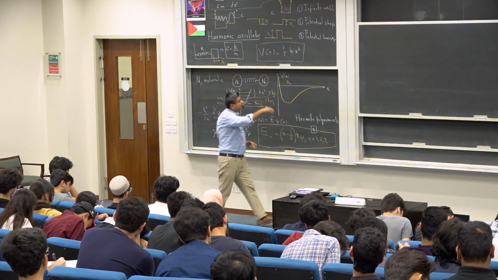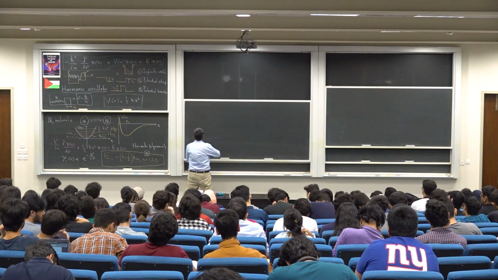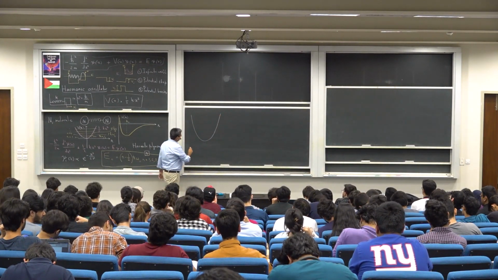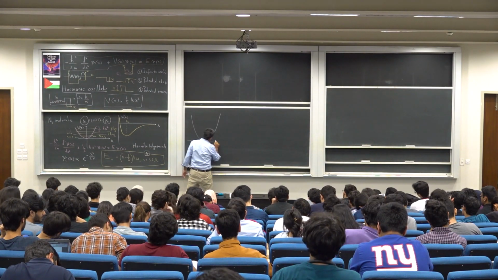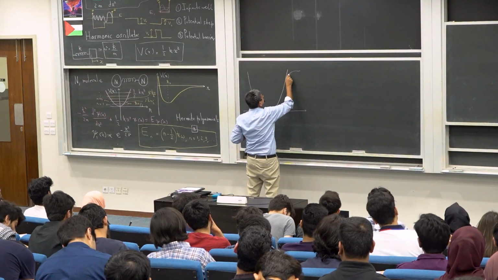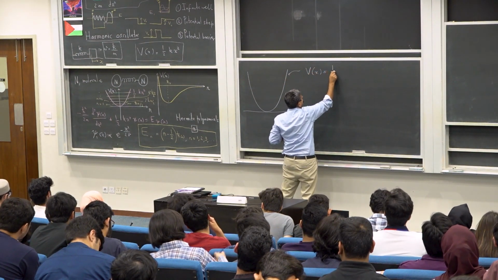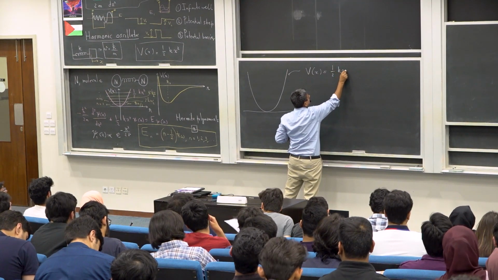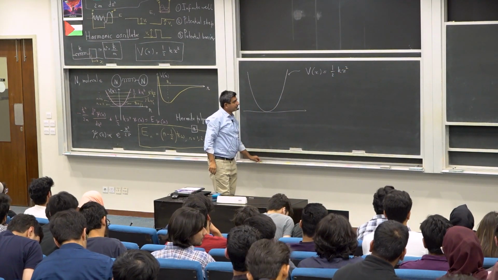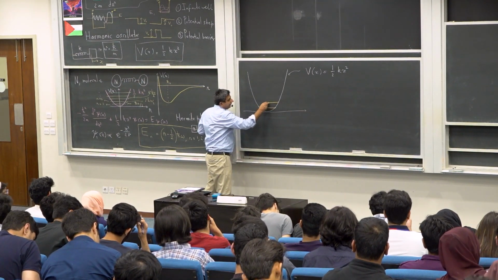So if I were to plot this again in a zoomed in fashion, this is my potential energy landscape. So this is an energy diagram. This is my potential energy. V(x) is half k x square, the energies are quantized, equally spaced.